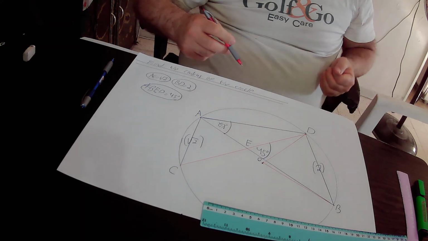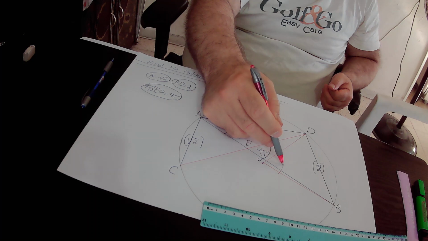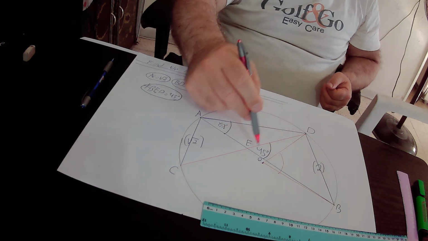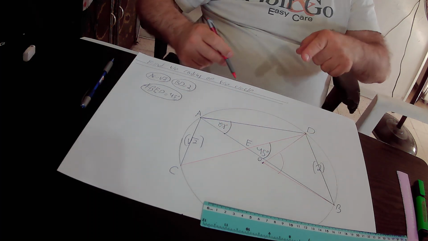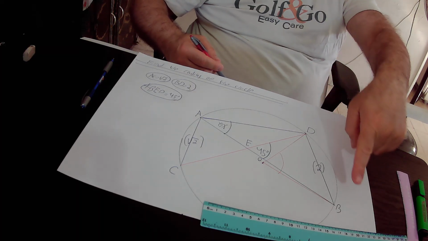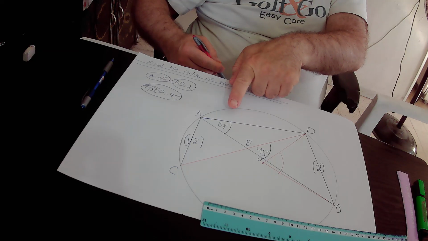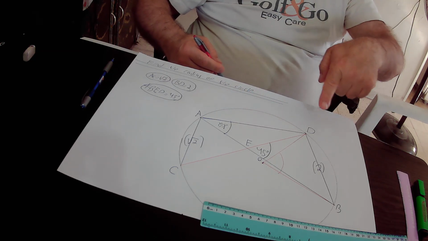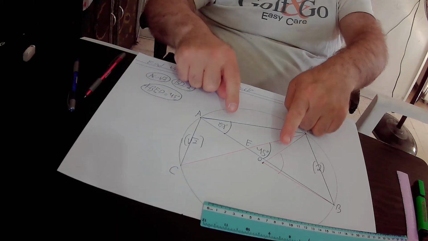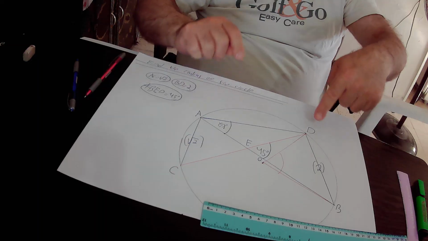By doing this construction, we get the central angle DOB. This central angle DOB also subtends on the same chord DB, exactly like the peripheral angle BAD. So those two angles both subtend on the same chord DB.